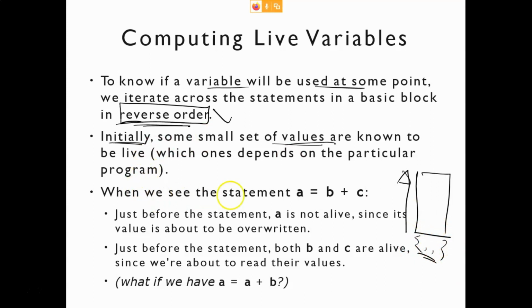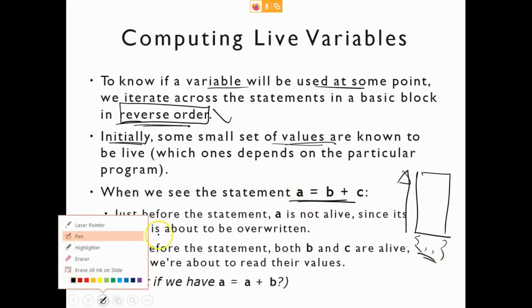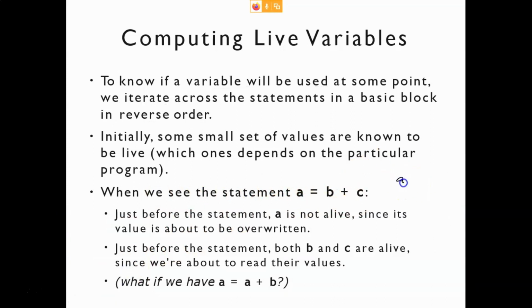Anyway, now let's assume you have this type of statement and you are going in the reverse direction. Now at this point some variables are live. At this point, going in the reverse direction, what will be the variables that are live?